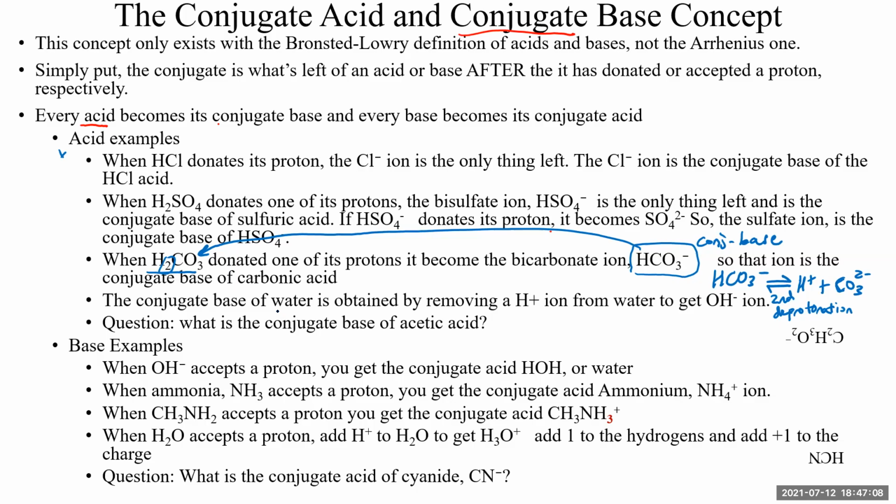The conjugate base of water, we've already talked about this, but as a reminder, water is amphoteric, but you can almost think of it as a diprotic acid. You lose one of the protons, you get hydrogen ion plus hydroxide ion. The hydroxide ion is, of course, your conjugate base of H2O, and in this context, H2O would be your acid.